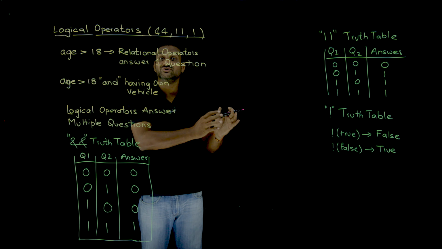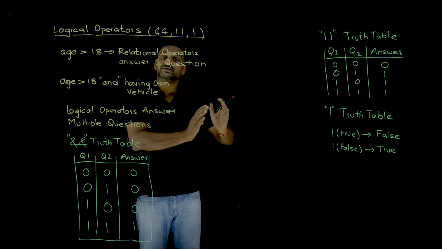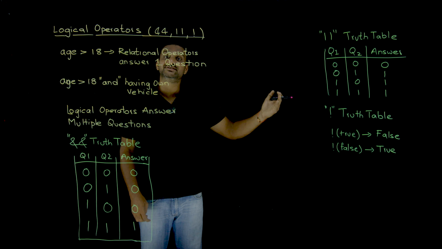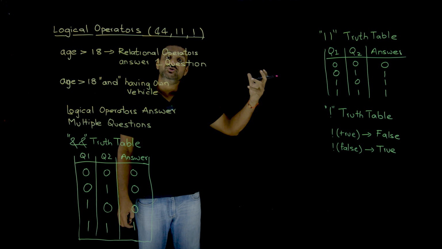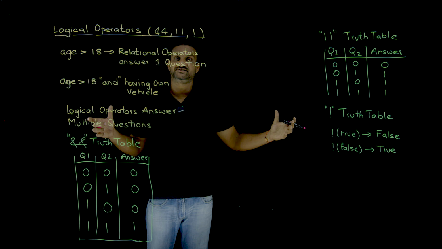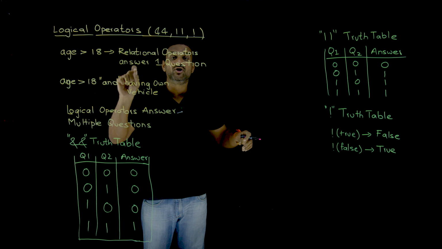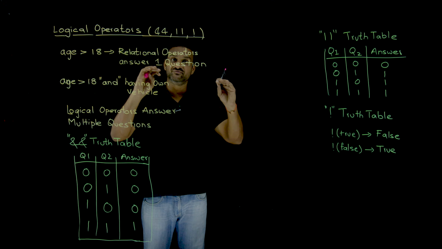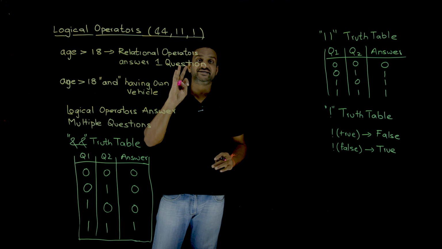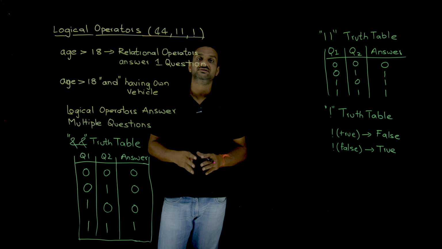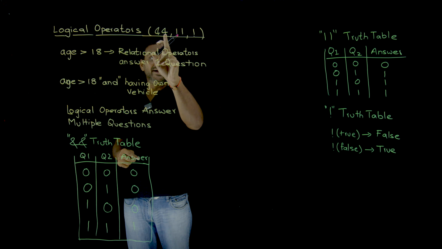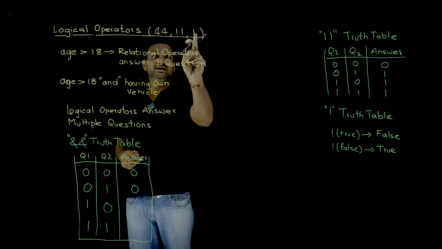That is what we call logical operators. We get a solution for multiple questions, based upon the kind of logical operators that we use. There are three types of logical operators available: logical and, logical or, and logical not.